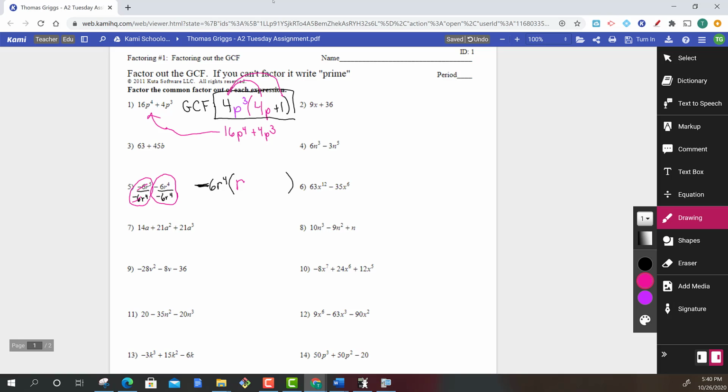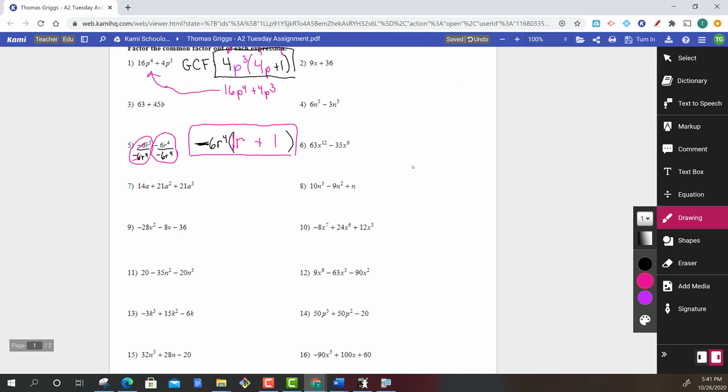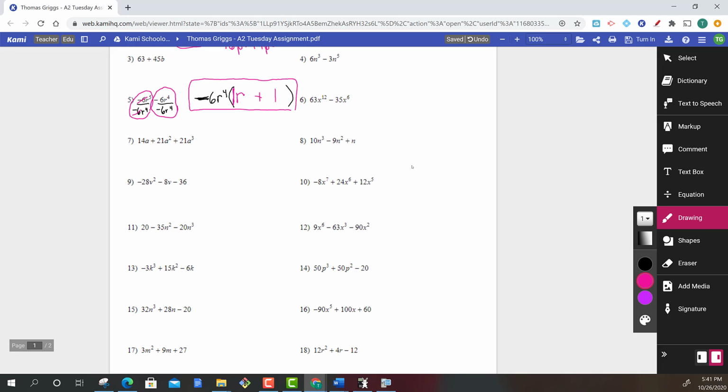Anything divided by itself is 1. Only time we have to write a 1 is when everything cancels out. Like a lot of times we don't write the 1 that is in front of that r, even though we could. All right, let's look at just a couple more.